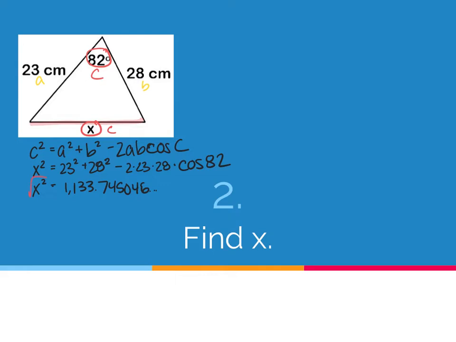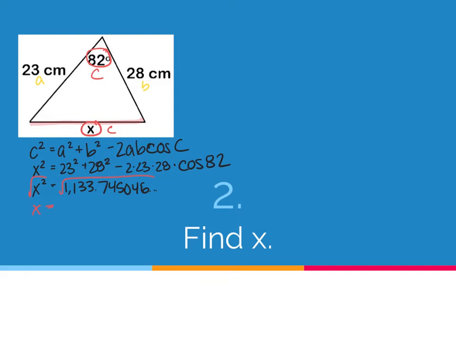When you go to take the square root of both sides, you get x equals. In your calculator, you're going to do square root. You're going to then hit second, and then the minus or the negative button. That's going to give you the answer. So if you hit second, negative, it's going to take the square root of your answer from before.